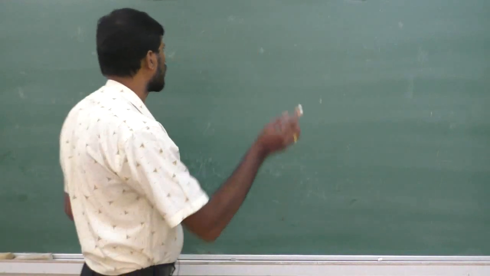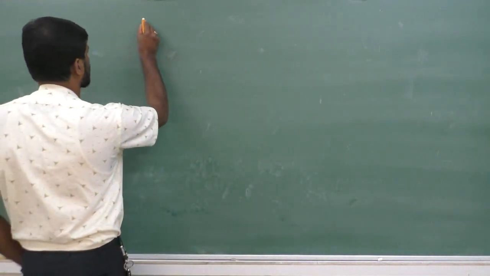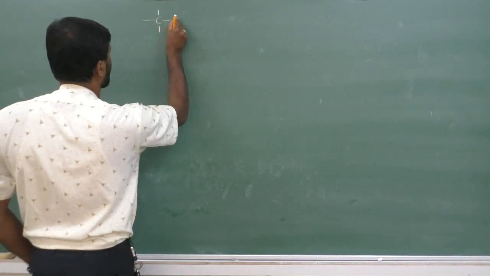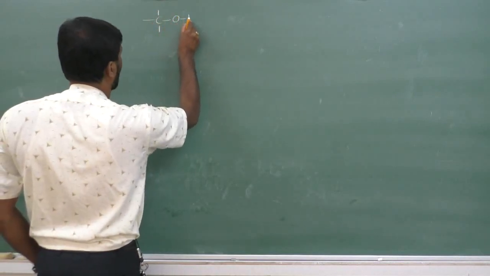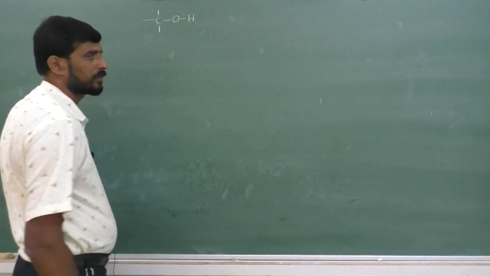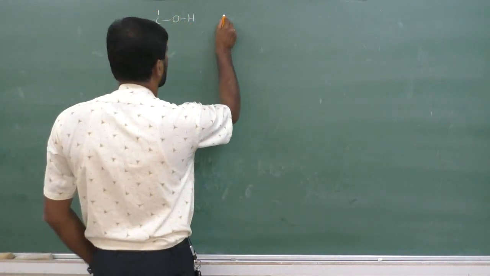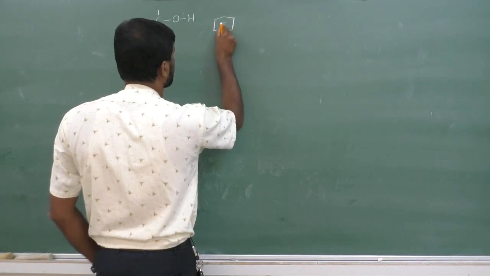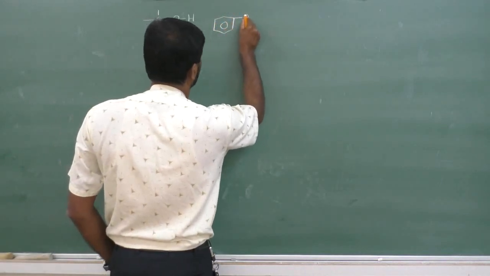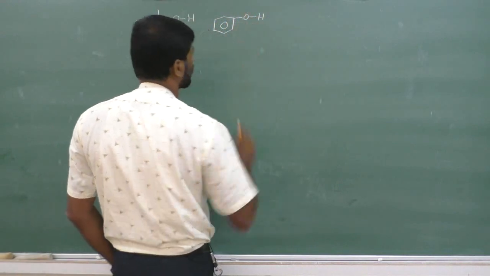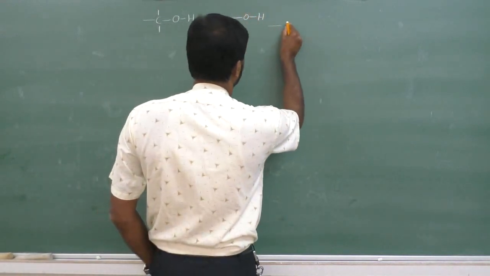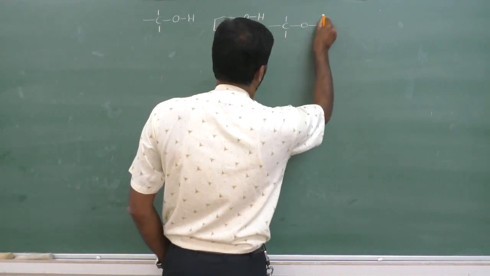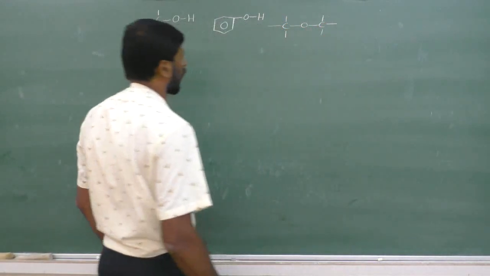That includes alcohols, in which the carbon is connected to oxygen through a single bond. Phenols, in which the carbon atom is connected to oxygen through a single bond. Ethers, in which the carbon atom is connected to oxygen through a single bond.